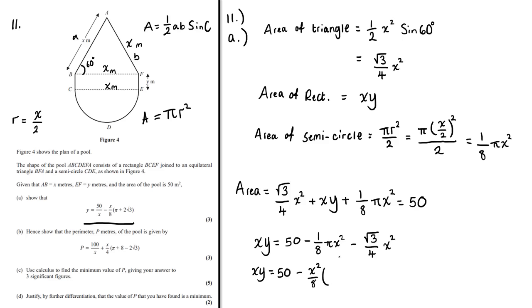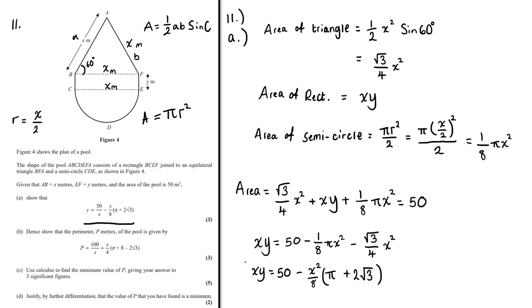So I'm going to get pi at the front of the bracket. And then if you factor 1 over 8 out here with the x squared, essentially what you're thinking about then is what do I times this minus x squared over 8 by to get minus root 3 over 4 x squared. Okay, so in that case we get plus 2 root 3.